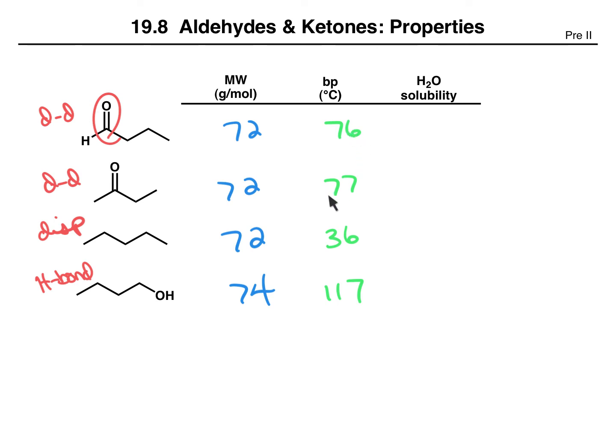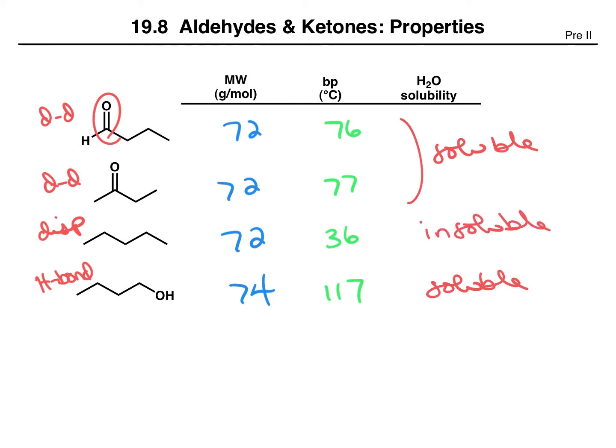The dipole-dipole interactions are stronger, but not as strong as the hydrogen bonding interactions, and so these have a medium boiling point. In terms of water solubility, both aldehydes and ketones are soluble, just like alcohols, and different from alkanes.